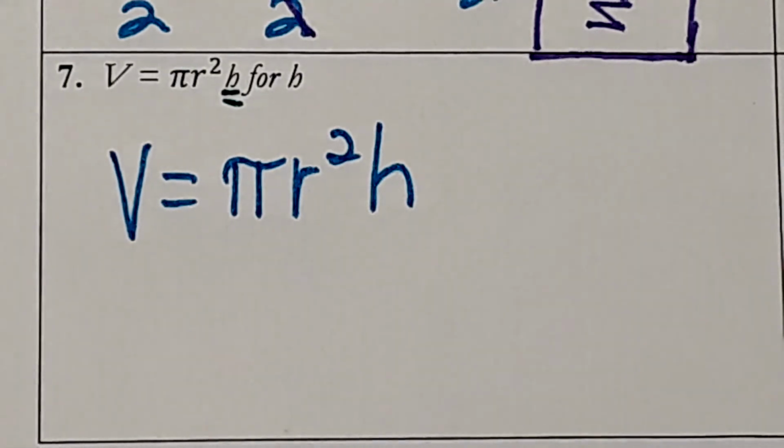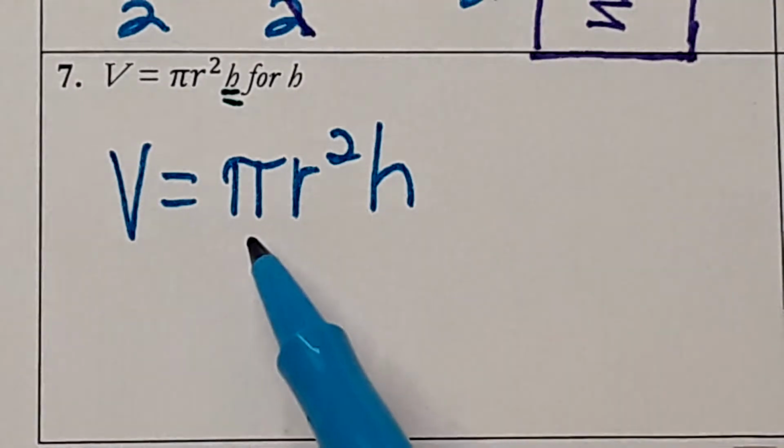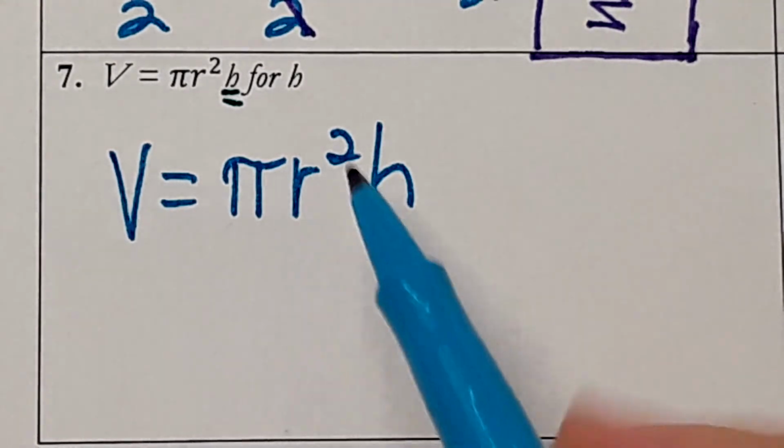So the first question I'm going to ask you is, are there any addition or subtraction? Is anything being added or subtracted? Or do you see any addition signs or subtraction signs? No. Okay, so that means this is all multiplication. Guys, remember, when you see letters next to each other, it means multiplication. So what do I want to get by myself? I want to get the h by itself. So that means I can get rid of the pi and the r squared.